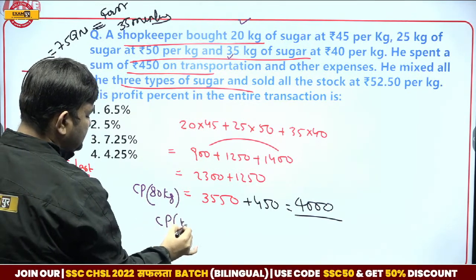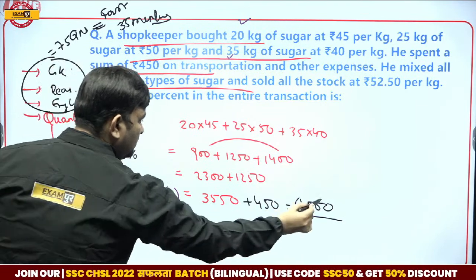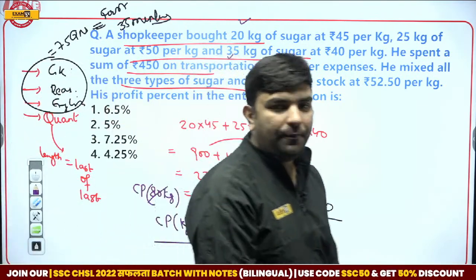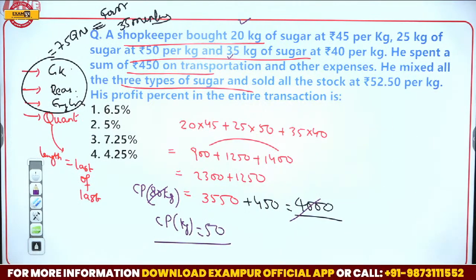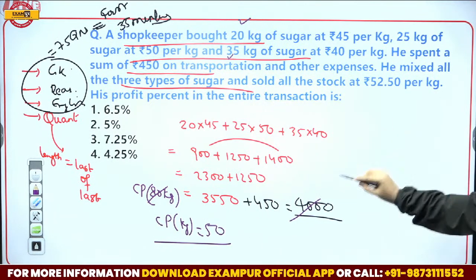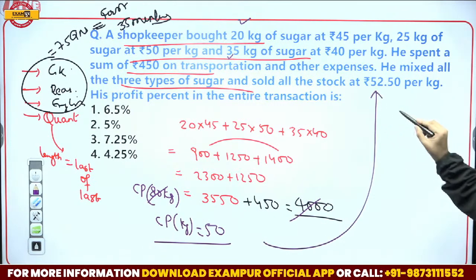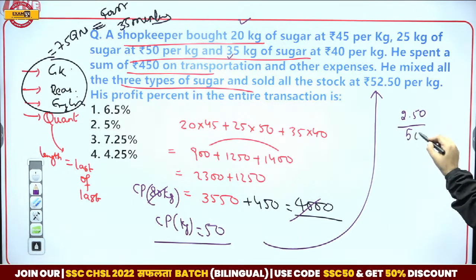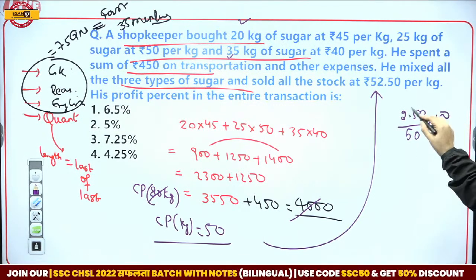So CP per kg is 50, and SP is 52.5. So profit of 2.50 over 50. I think he is kind in the last.